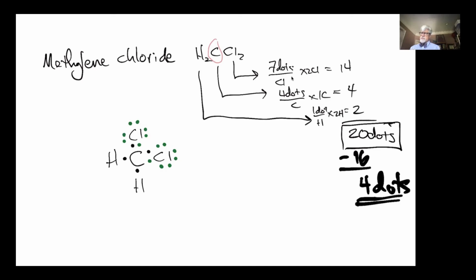That's not relevant. But I thought I'd illustrate that 7 dots are coming from each of the chlorine atoms. That's why you see 7 green dots around each chlorine atom. 4 dots coming from carbon, those are the black. 2 dots are coming from hydrogen, those are the gray. And so altogether, now I do have all 20 of the dots that I'm supposed to have.